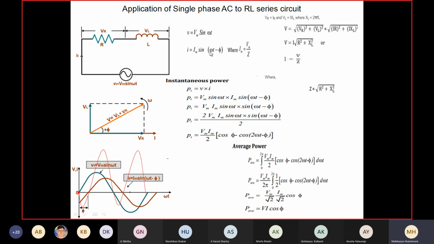This is also sinusoidal, and behind it by an angle phi. Then it will have some peak value Im, sinusoidally progressing, omega t minus phi, as the outcome of our study. I now got the expression for the current as Im sin omega t minus phi.